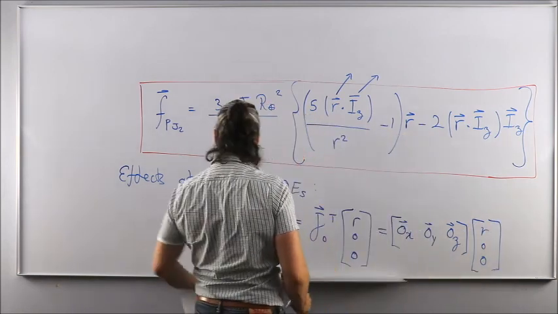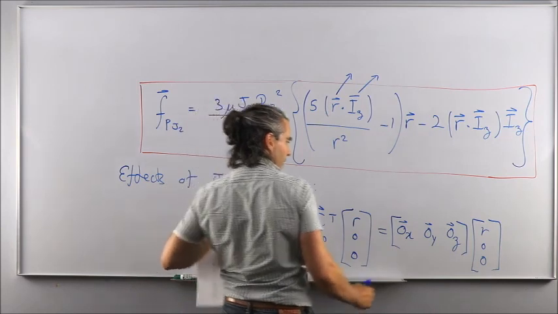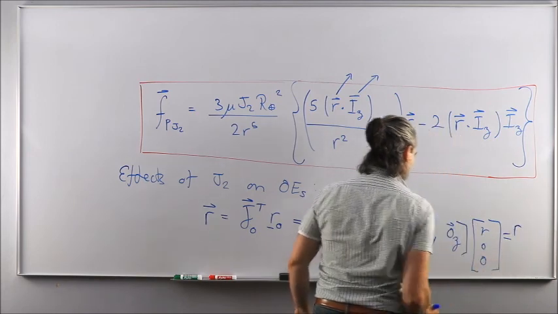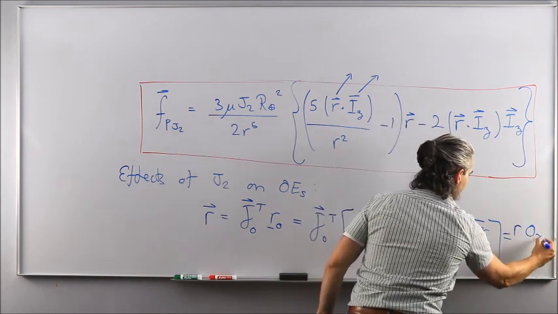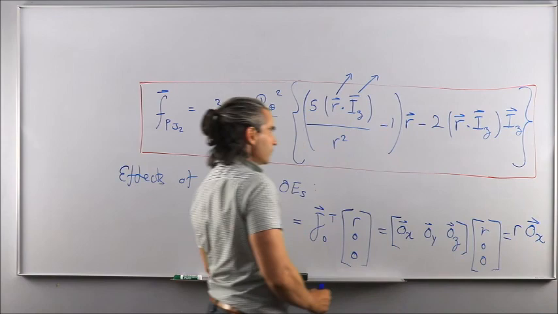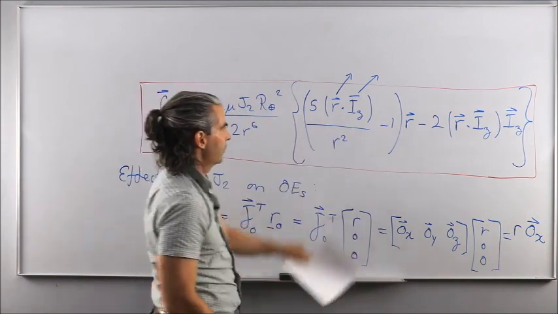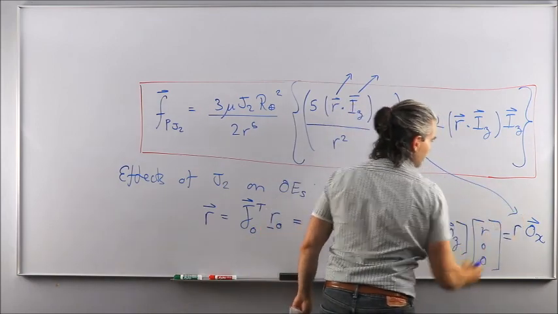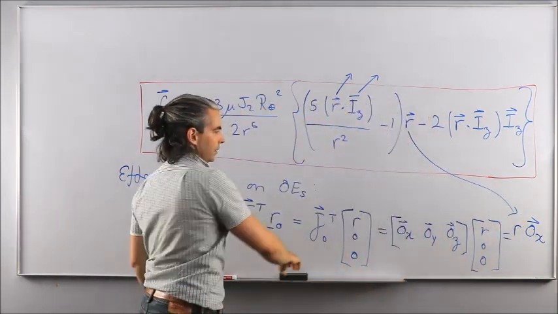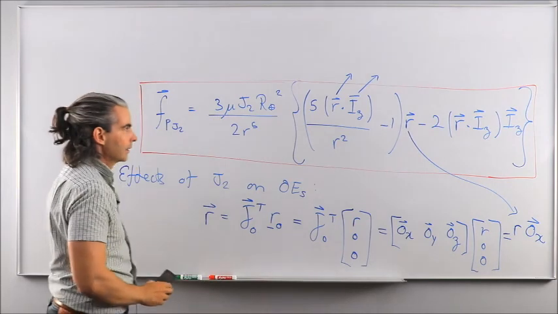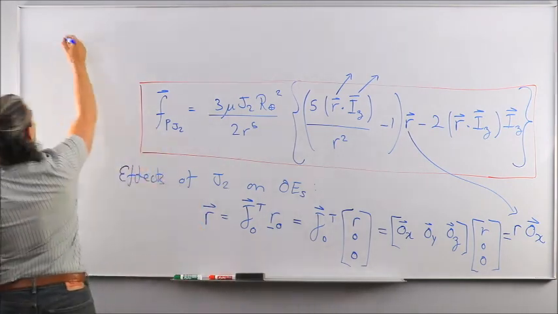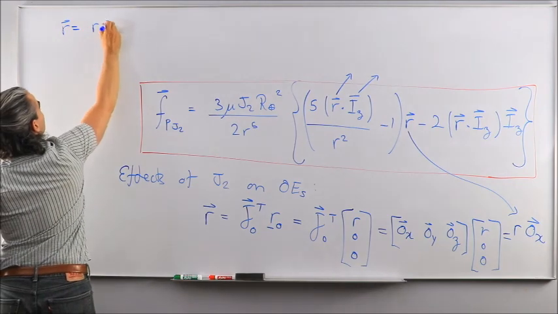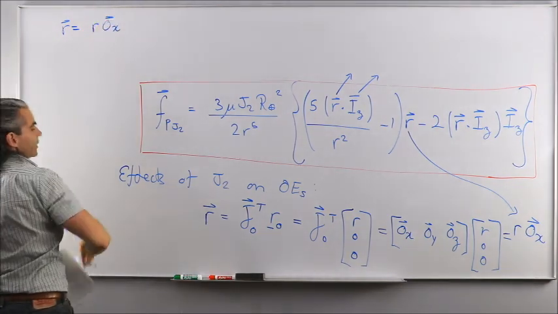All together, it means that your position vector in the orbital reference frame is simply the norm of this vector in the direction of OX only. So whenever we see the r vector in that big equation, we'll just replace it with r times the OX unit vector, like that.